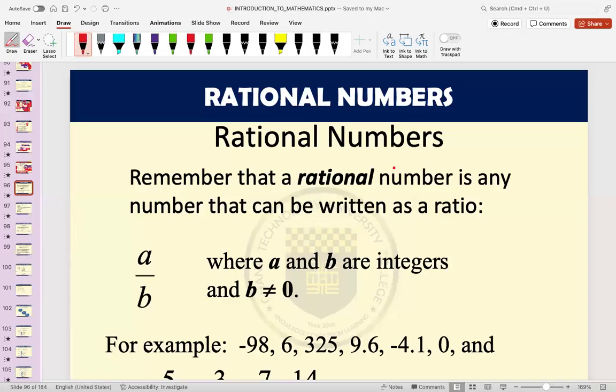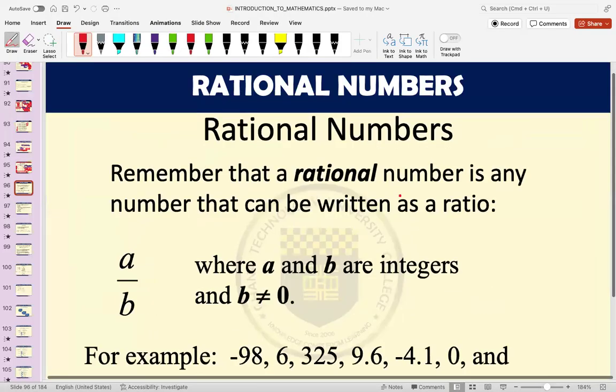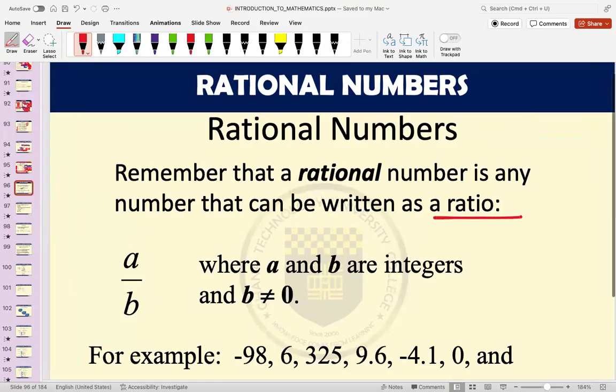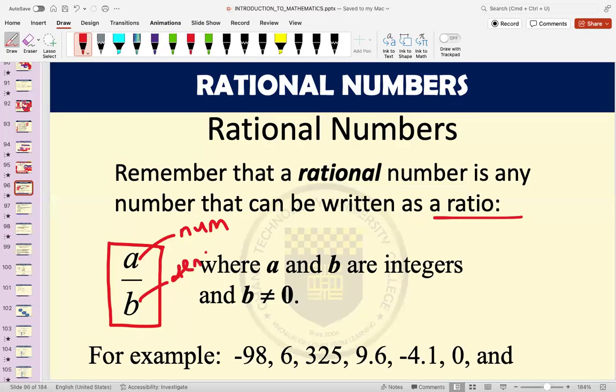Rational numbers are any form of ratio that is written as A divided by B, where A is representing the numerator and B is representing the denominator. But the conditions are that both A and B must first of all be integers.